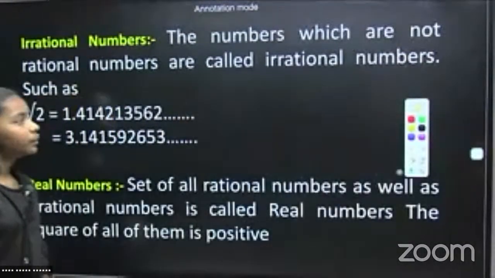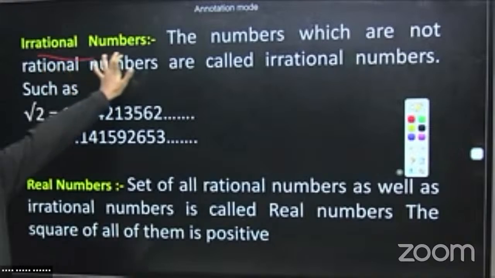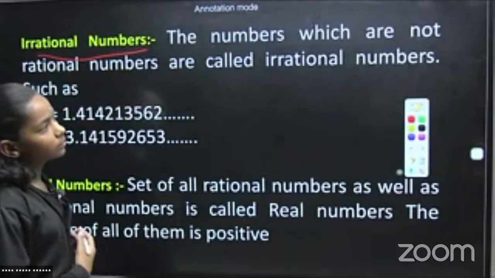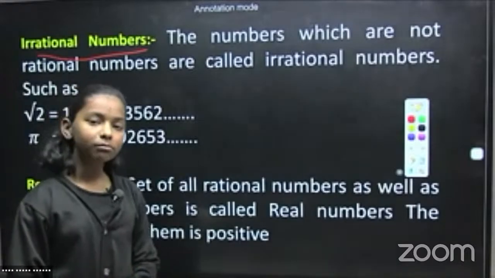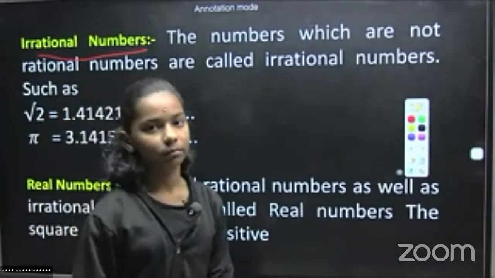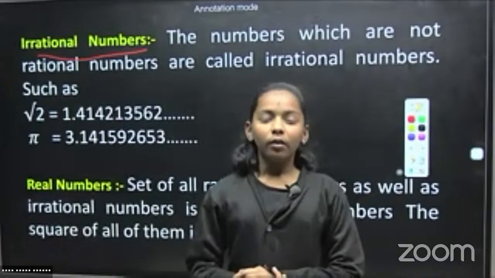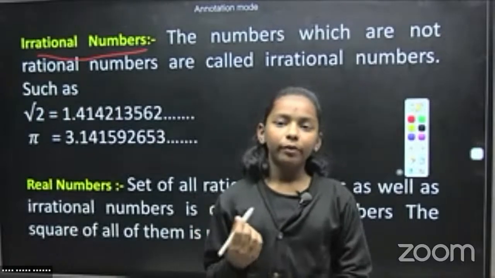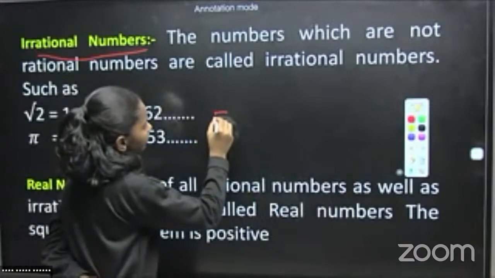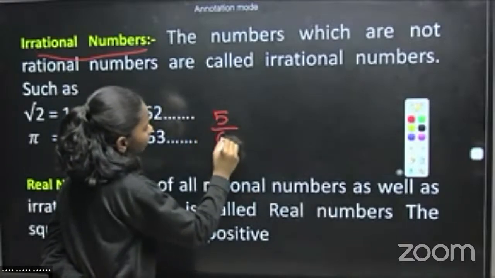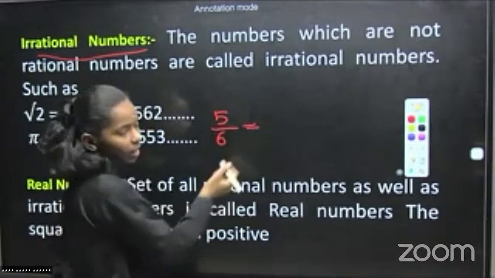See here now. Irrational numbers. The numbers which are not rational numbers are called irrational numbers. Now, we have seen the example of rational numbers, like 5 upon 6.